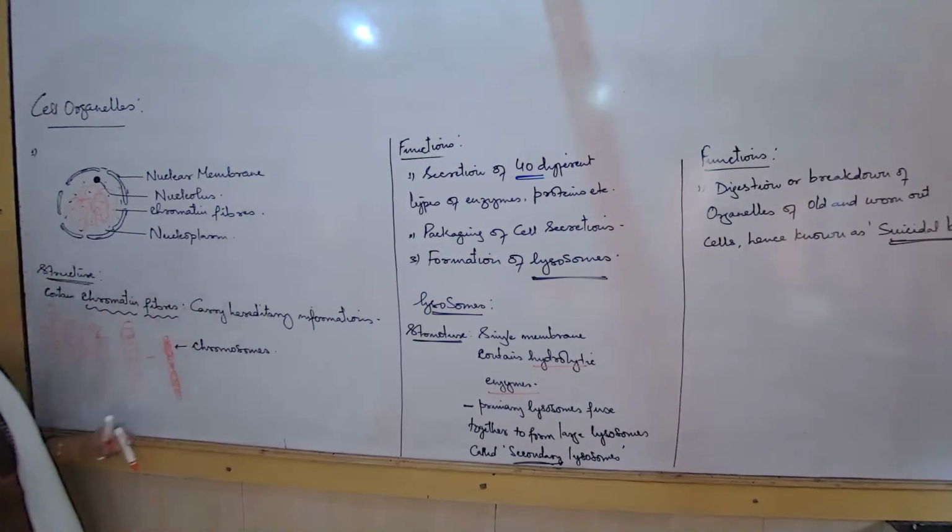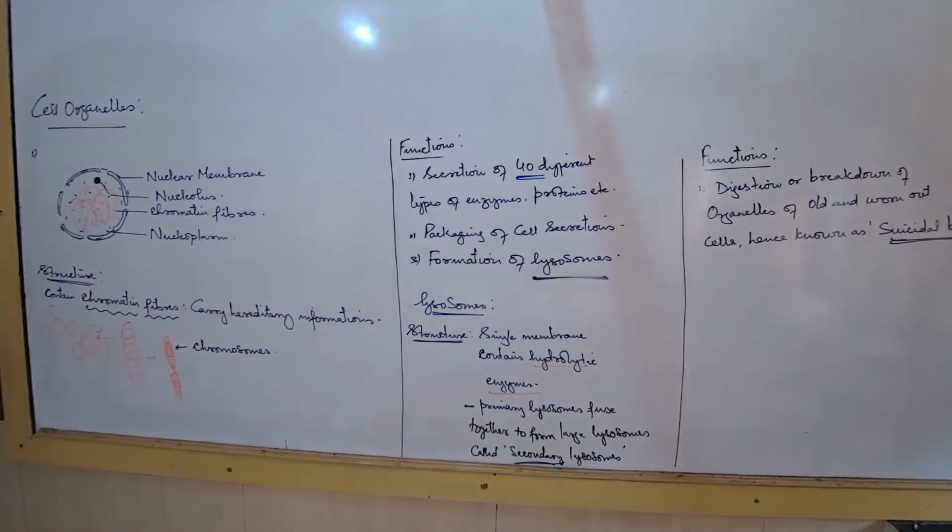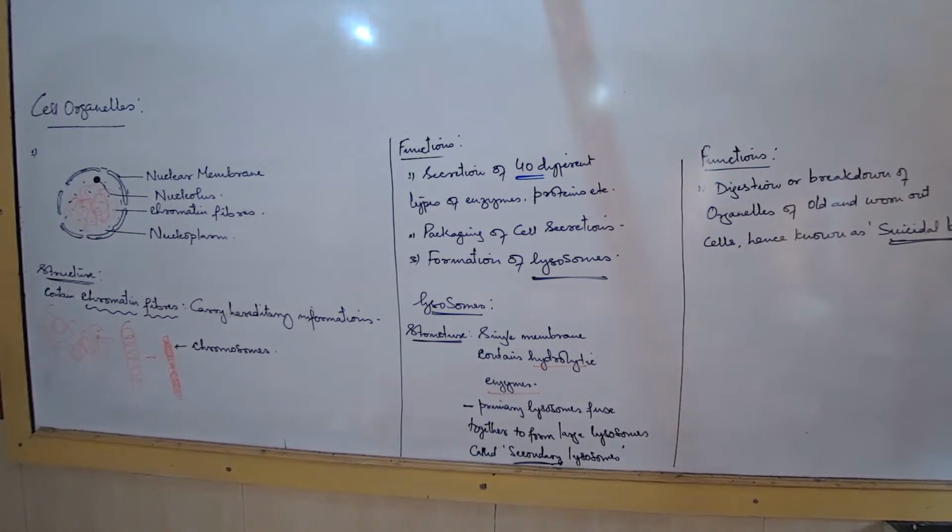Then what is the difference between the chromatin fiber and the chromosome? Chromatin fibers are very long and very thin. Chromosomes are extensively condensed.